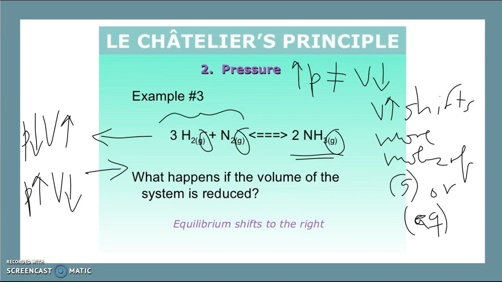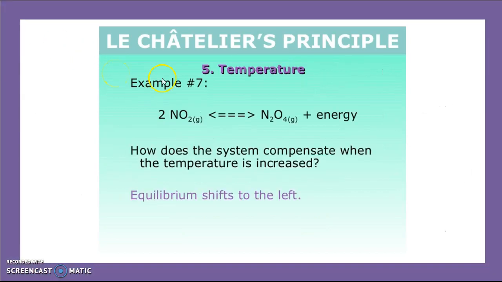The other thing that you have to take into account is the temperature. In this case, you have the energy in the products. What does it mean? That you are releasing energy. Then this process is exothermic.